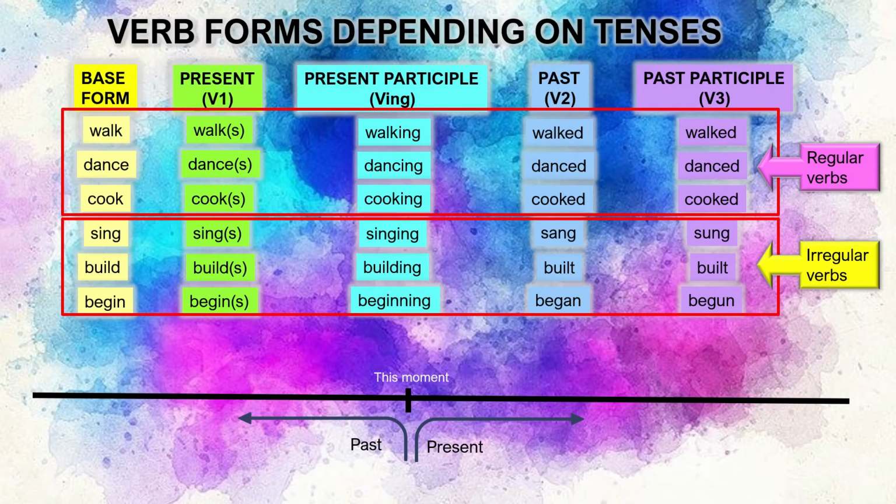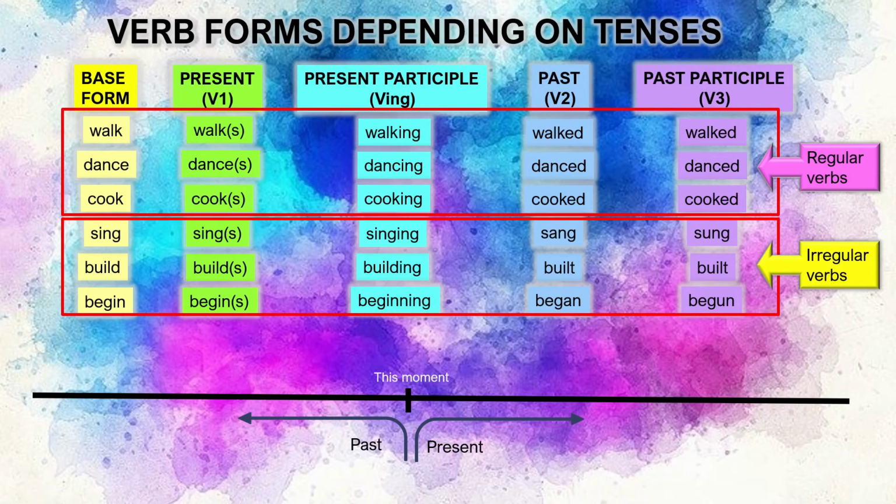Whether it happens at this moment or not, or whether it already happened, or already finished. If it happened before this moment, you have to use the past form. And if it happens after this moment, you need to use the present form.